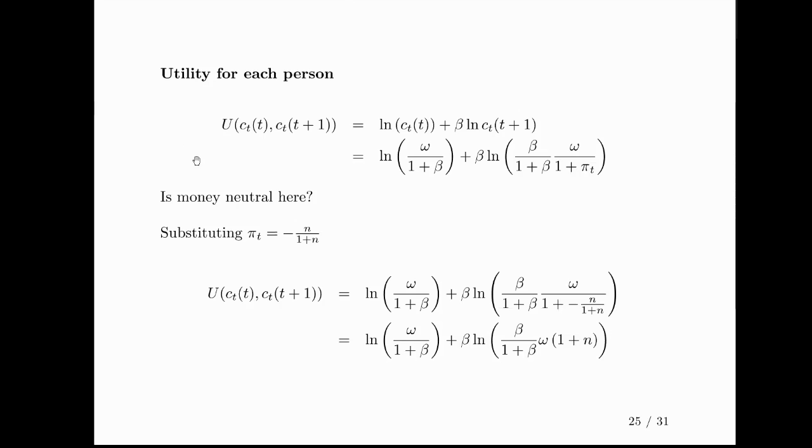So the price level is not entirely irrelevant to people's utility, but it is still neutral in the following sense. Imagine that my ancestors, many generations ago, created the money supply in the first place.